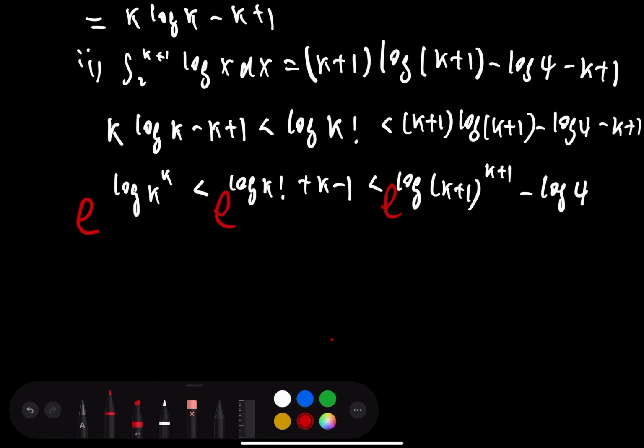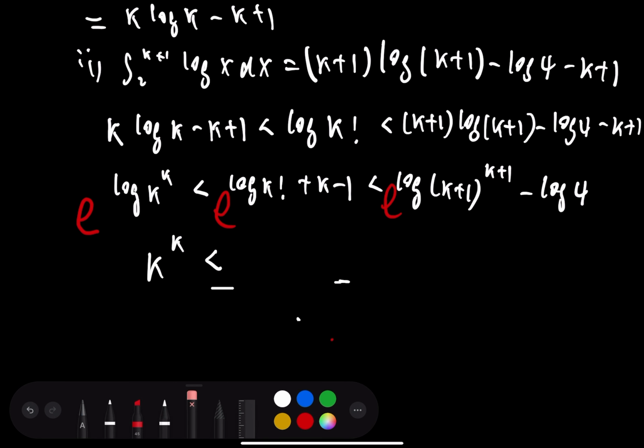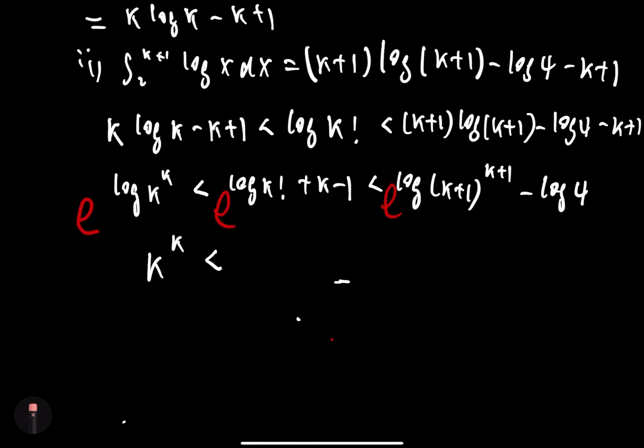Then I'm going to use log laws. So e to the log base e of k to the k just becomes k to the power k. And e to the log base e of k factorial just equals k factorial, so it becomes k factorial here, and of course times e to the power k minus 1.